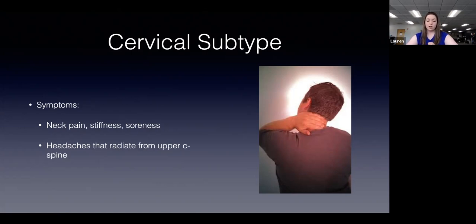On assessment, the VOMs and computerized neurocognitive testing should be normal. Likely have impaired cervical range of motion, upper extremity strength, the normal cervical deficits that you would find for any cervical eval.